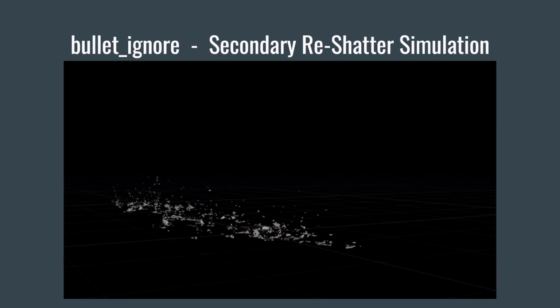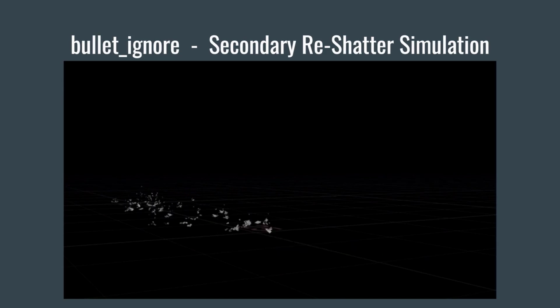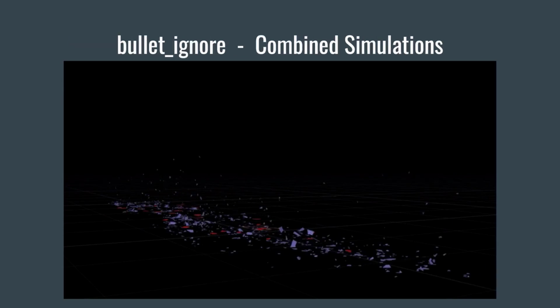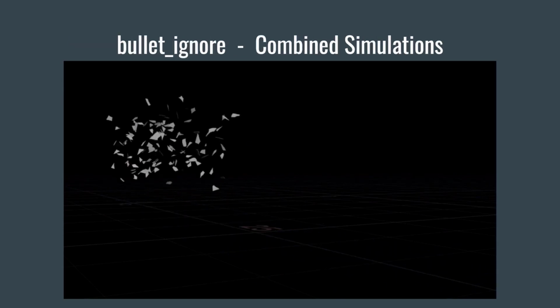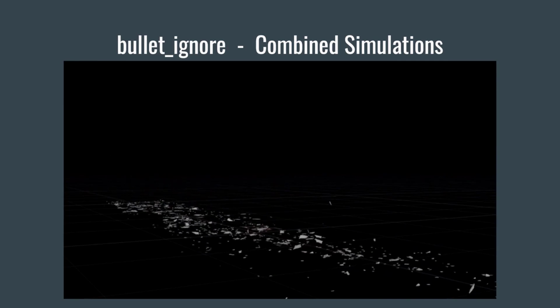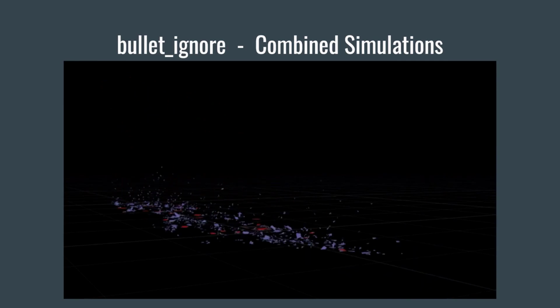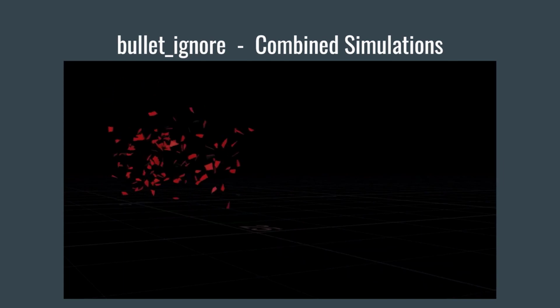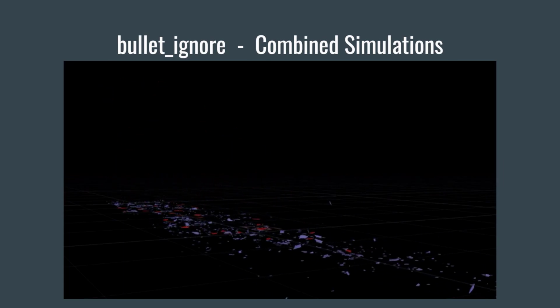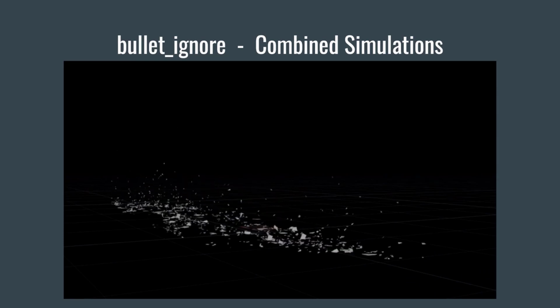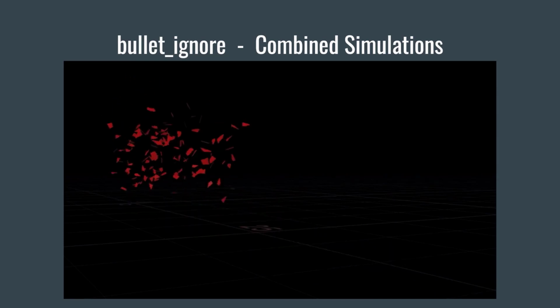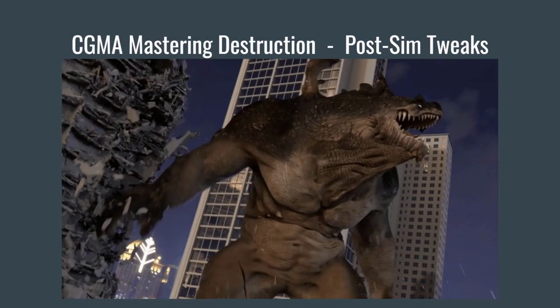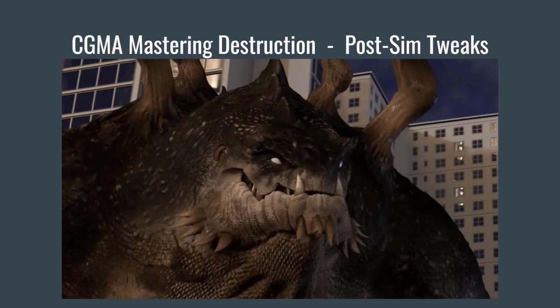And then of course this is the combined simulation with the red objects being the primary sim and blue being the secondary reshatter.